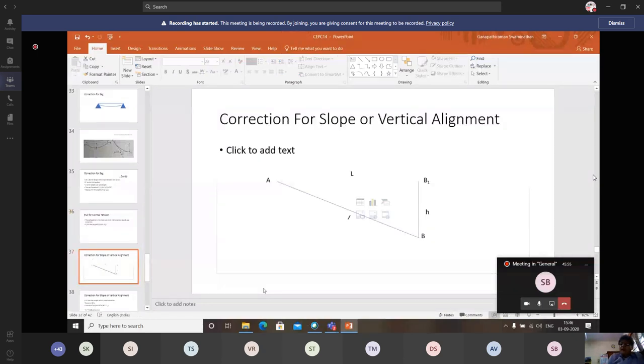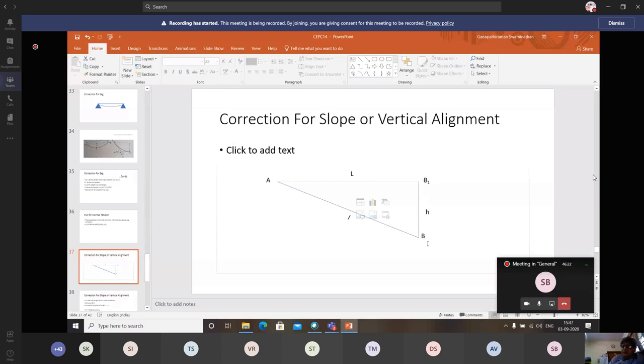Now this is for vertical alignment. I have 2 points A and B, sloping down. What we normally report in surveying is the length L, the projection of B at B1, so this is the horizontal length.